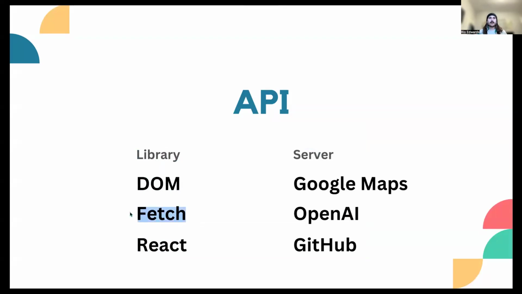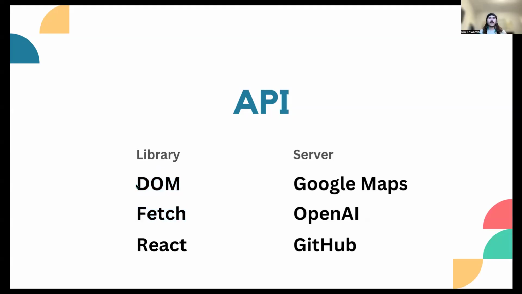The reason that's called an API is because the actual way that your computer goes out and interacts over the internet, there's a lot going on behind the scenes there, but all you have to worry about is fetch. You just have to worry about this simple method or function that they give to you that you can use. You don't have to worry about any of the other stuff.